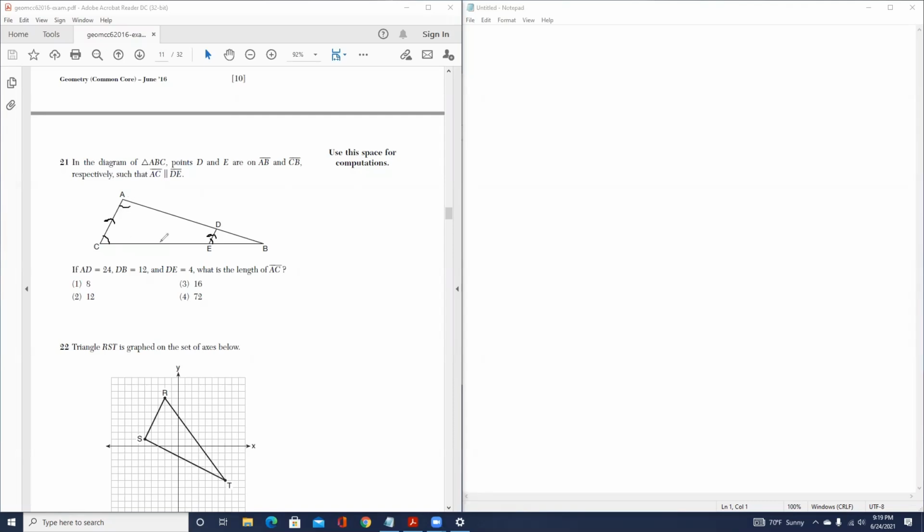Same thing for angle A and angle DEB. Sorry if that's a bit cramped. And angle B is congruent with itself. So these two triangles are similar through angle-angle similarity.